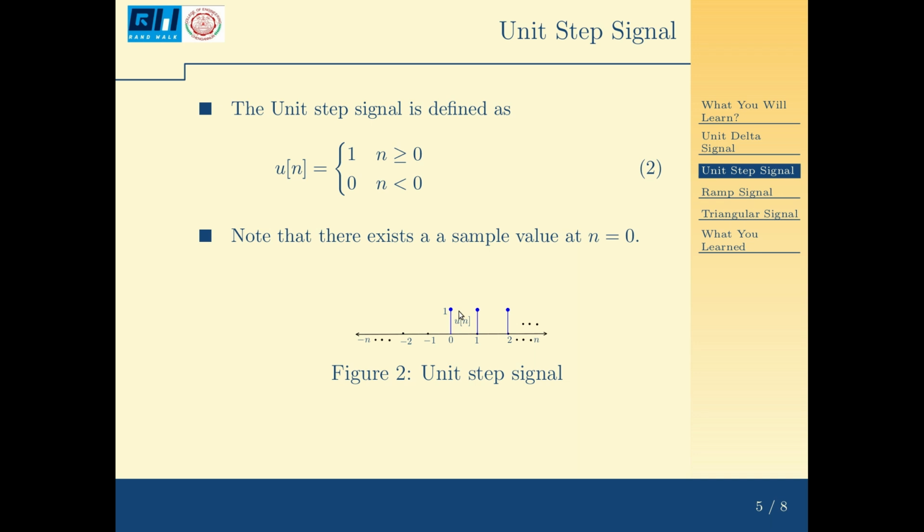This is in direct contrast with your unit step signal in the continuous time domain, where the value at t equal to 0 is not defined. But here the value at n equal to 0 is defined, that is unity. So this is the shape of the signal: from minus infinity to minus 1 the value is 0, and from 0 to infinity the value is 1. So this is the unit step signal.